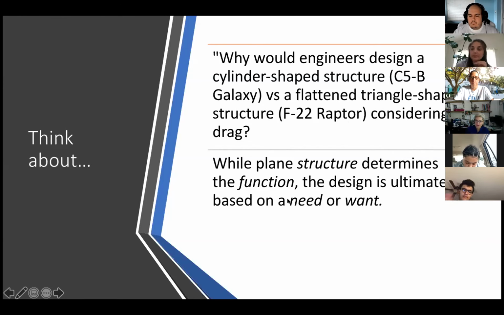Okay, so the structure definitely determines the function and how it flies, but the design is based on what people need or what people want. And that goes for anything. The structure of anything that engineers design determines the function, but you have to find out what people need or want to be able to satisfy what people will use.